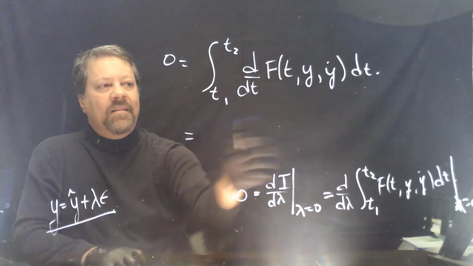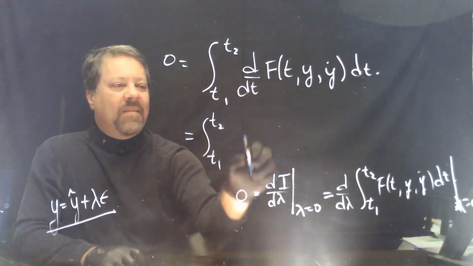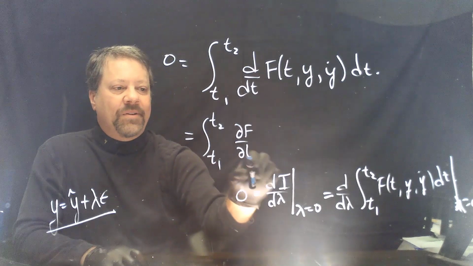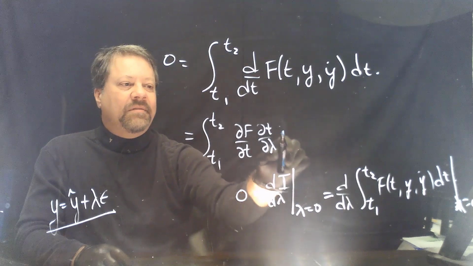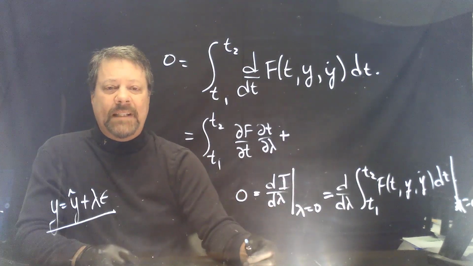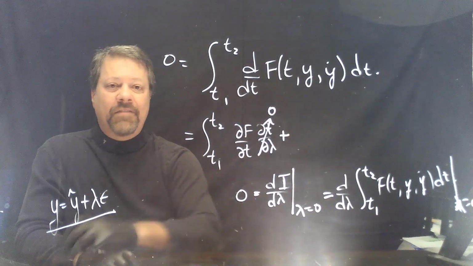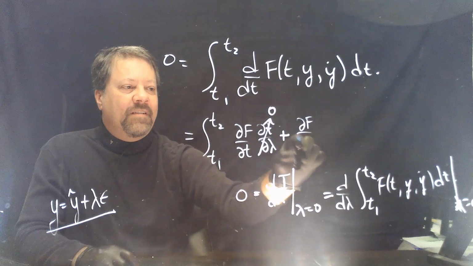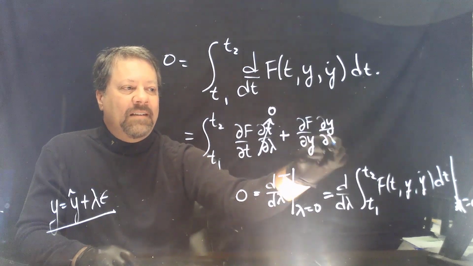Using partial derivatives, we'll have the partial derivative of f with respect to t times dt d lambda. Well, t doesn't depend upon lambda, so this derivative will be 0. Plus the partial derivative of f with respect to y times dy d lambda.